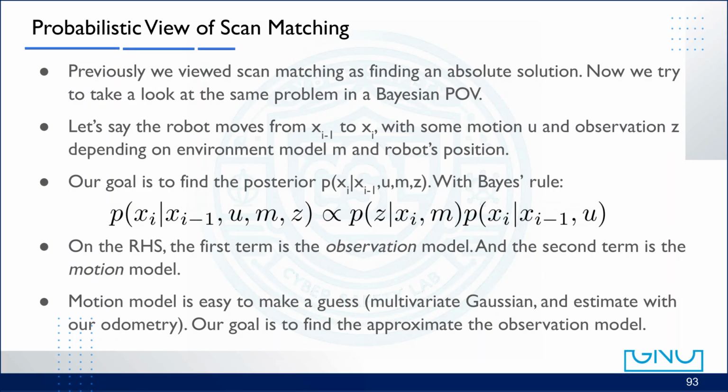In the equation, this looks like the probability of the current pose given the previous pose, control input, and map, being proportional to the probability of the observation given pose and map, times the probability of the current pose given the previous pose and motion. We often model the motion term using a multivariate Gaussian centered around the odometry reading. So the real difficulty is in modeling how the observation matches the map, which is where scan matching comes in.